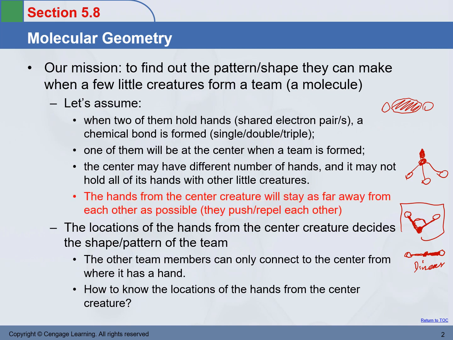The hands from the center creature, the center atom, will stay as far away from each other as possible. These hands from the center atom, the center creature, they don't like each other. They fight each other. Okay? They push around, they repel each other. As a result, they will stay as far away as possible from each other.